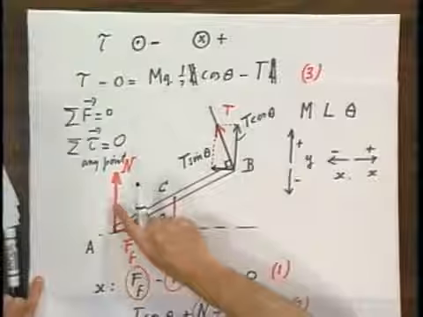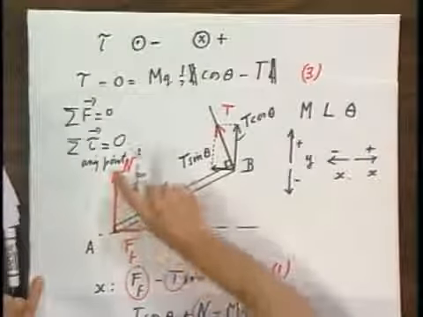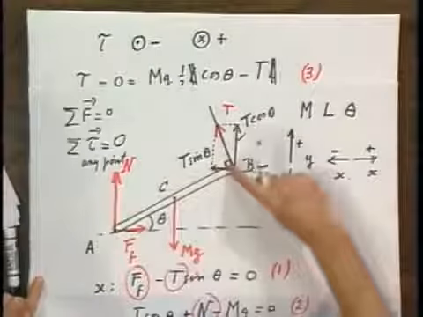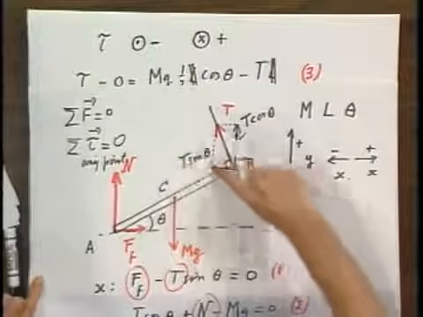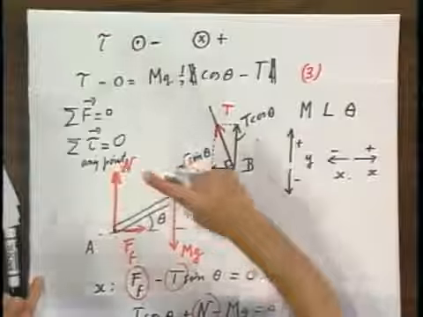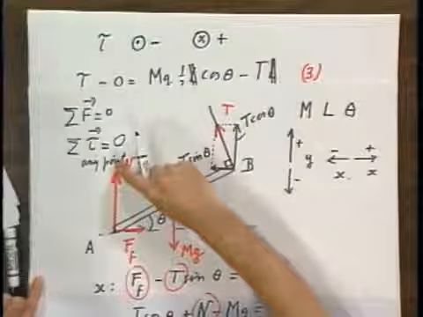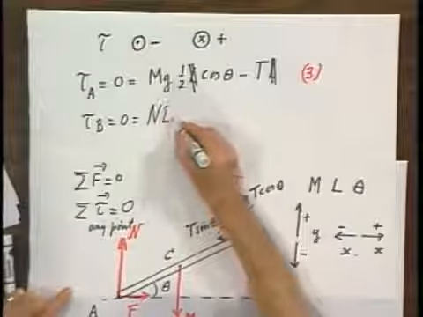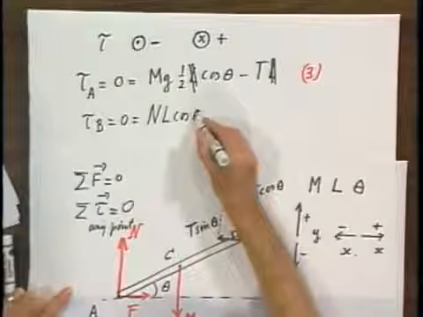So we have a torque due to this force N, which is going to be a positive one. It's the force multiplied by the distance to that force, and the distance to that force equals L cosine theta. So we have N times L times cosine theta.